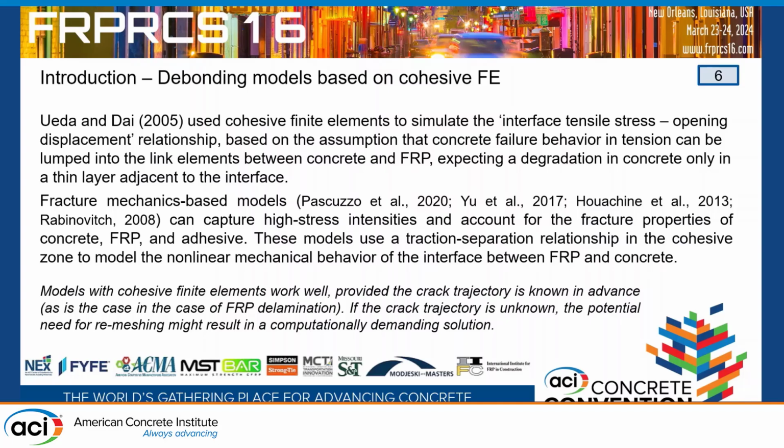A general drawback for models which assume cohesive finite elements is that the crack trajectory should be known in advance, so you should know where to predefine your cohesive elements. Fortunately, in our problem, this is the case. But in general, if the trajectory of the crack is not known, you should predefine cohesive elements all over your mesh, or assume other strategies. This could make the model computationally intensive.